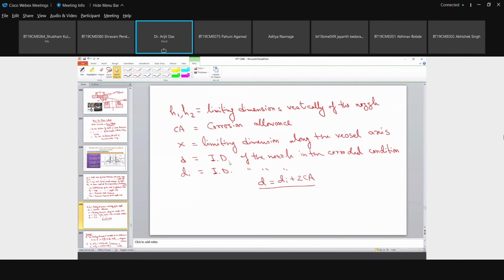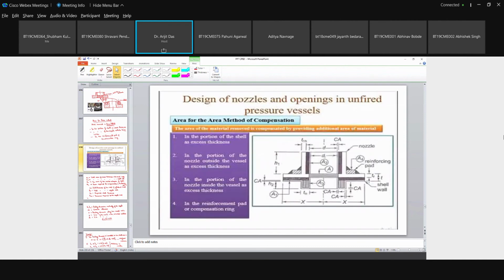D is the internal diameter of the nozzle in the corroded condition. So I'm again going to the figure. Where is the D? Up to the black, this is the corroded condition diameter.